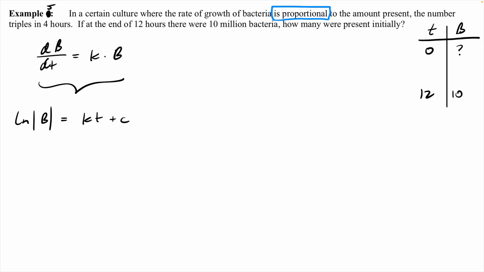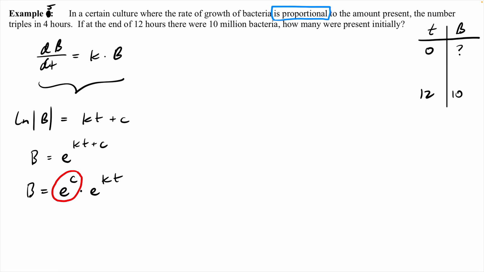And then it's going to be B equals e to the KT plus C, right? And then B equals e to the C times e to the KT. That guy represents our initial. Problem is we don't know what that number is. If we knew that, we'd be done.